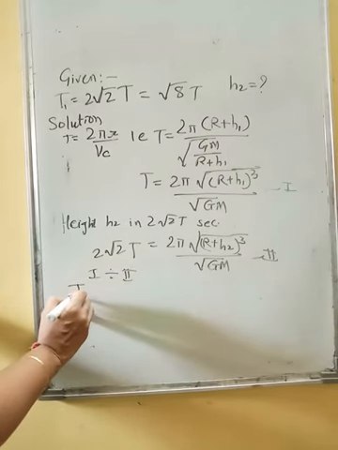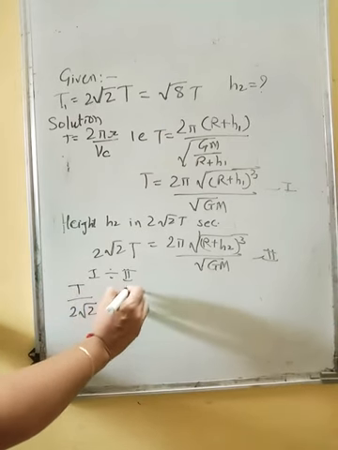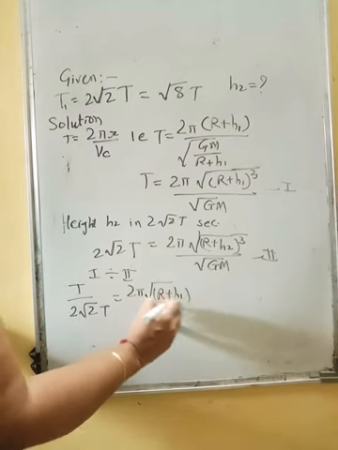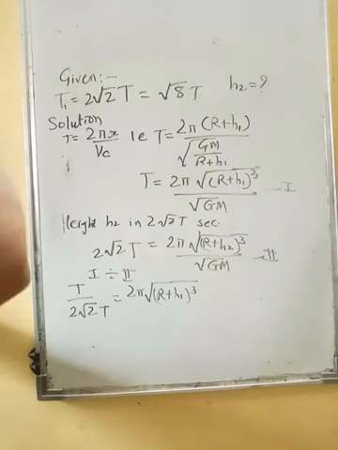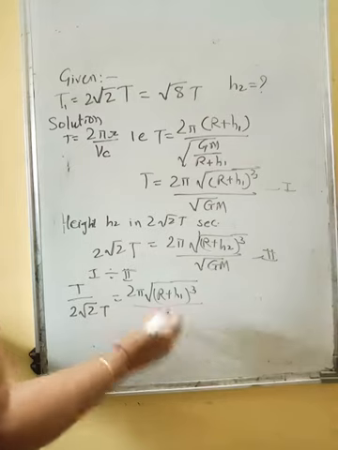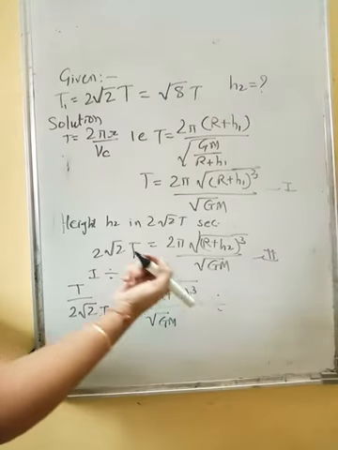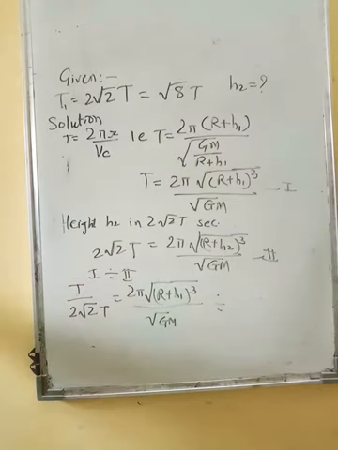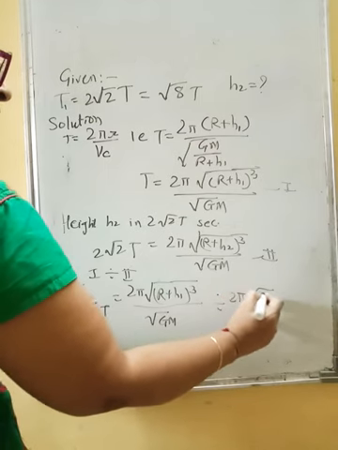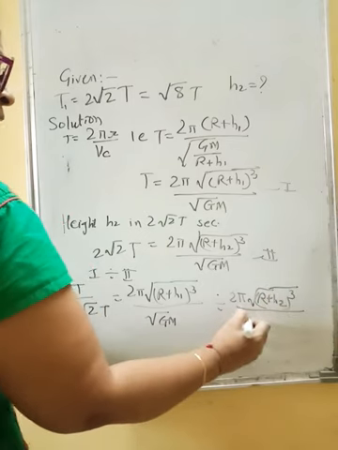So t upon 2 root 2 t is equal to 2 pi square root of (r plus h1) the whole cube upon square root of gm, divided by 2 pi square root of (r plus h2) the whole cube upon square root of gm.